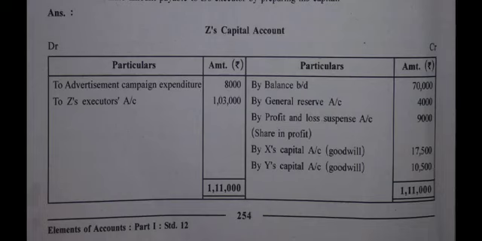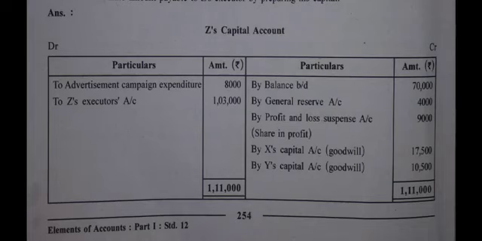We were having 3 columns of amount on each side of partner's capital account. Instead of that, you are having only 1 column here. Rest of the things remain same. There is nothing new.